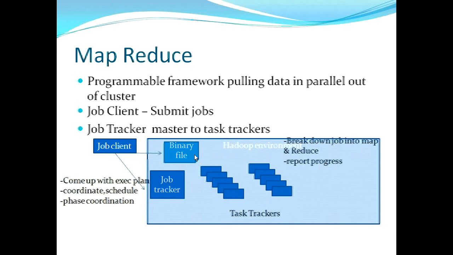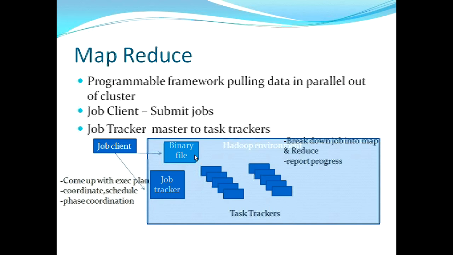What is phase coordination? It is making all nodes synchronized, so they work on the same phase, like all the nodes doing the map phase. Once every node completes the map phase, you allow the nodes to go into the reduce phase. That is the important thing the job tracker also does.